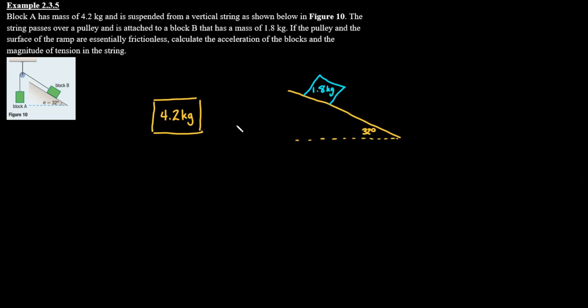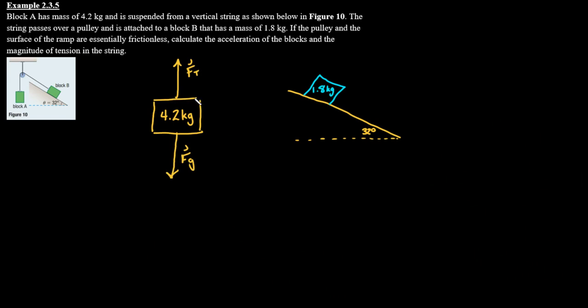Okay. So let's draw our forces, because the first thing we need to do is figure out which way these objects are going to move based on their free body diagram. Okay, so we know we're going to have some force of tension that acts up in this direction, and then the only other force that's pulling block B down is going to be the force of gravity.